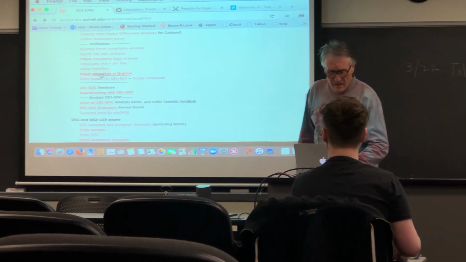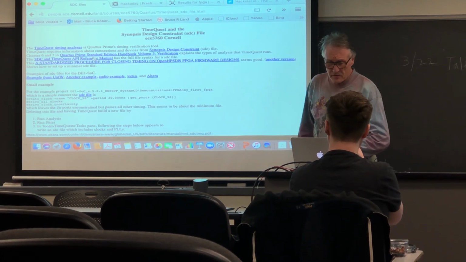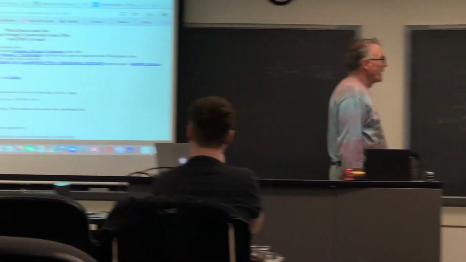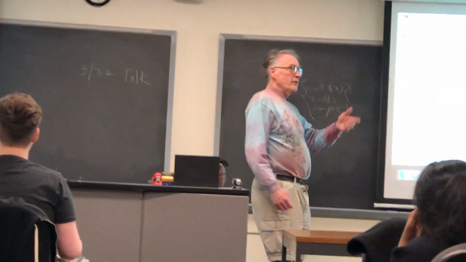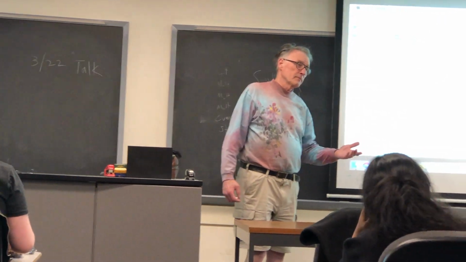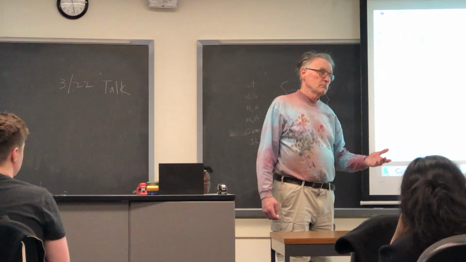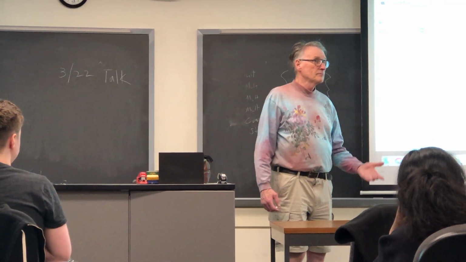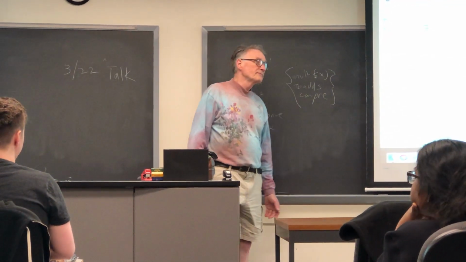Constraints file, as it says, TimeQuest and constraints files. And that will give you an estimate of how fast it will run. You can also program it up and see how fast it runs. Is it making mistakes or not?